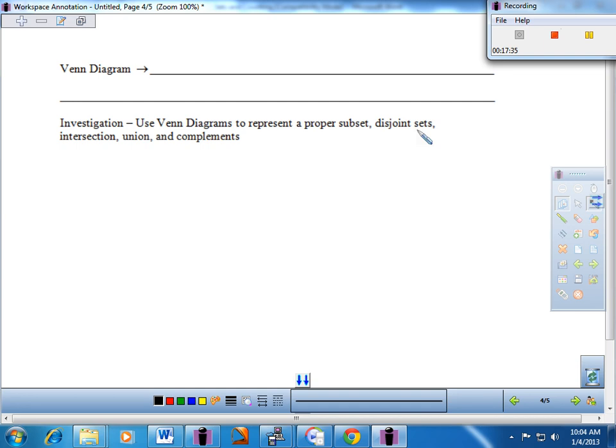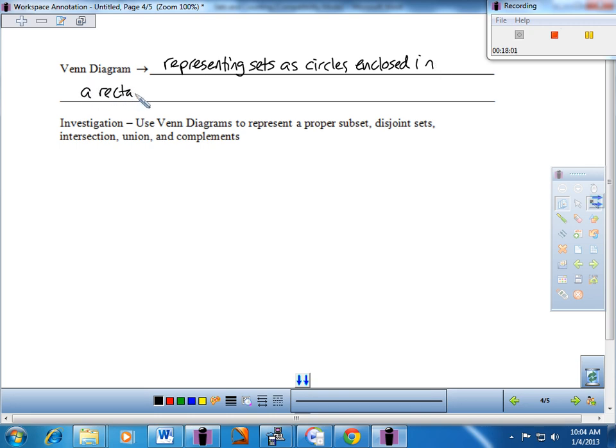So a Venn diagram, it's just representing sets as circles enclosed in a rectangle. So maybe you've seen these before, and if so, that's great.